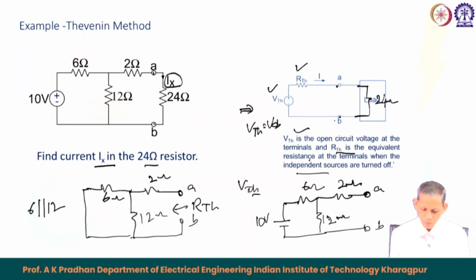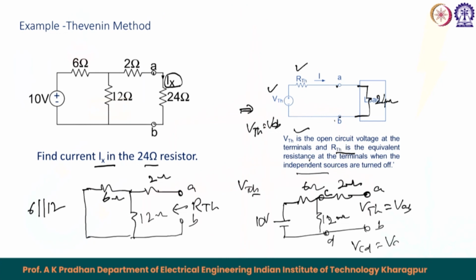At this time we will find out this VTH. So, VTH equals VAB. Now, we see what VAB is here. No current is flowing through this 2 ohm, so the voltage across here, let us say CD, will be the same as VAB. Because no current is flowing in the 2 ohm, neither is there current from D to B.